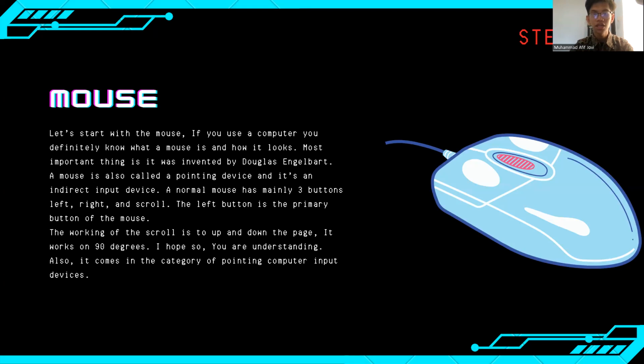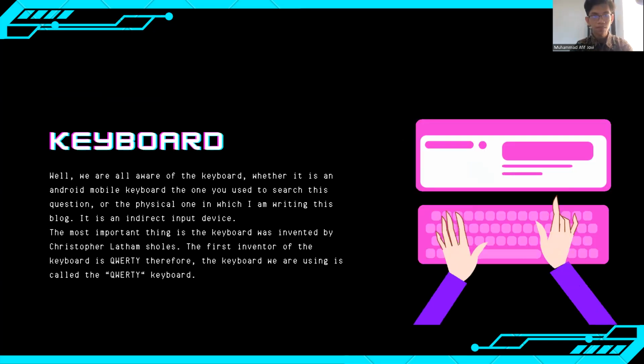A normal mouse has mainly three buttons: left, right, and scroll. The left button is the primary button of the mouse. The scroll works to move up and down the page. It works on 90 degrees. I hope you understand. It comes in the category of pointing computer input devices.